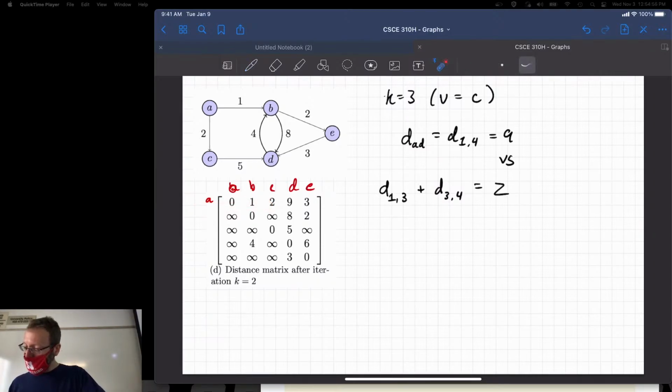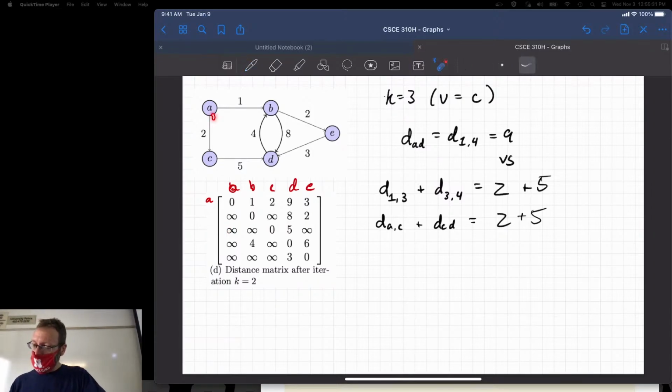I can go from 3 to 4, in other words, C to D. Let me annotate these. This is d sub A, C plus d sub C, D. It's the same thing, I'm just mapping letters to numbers for the indices. So C to D at a cost of 5, so plus 5.